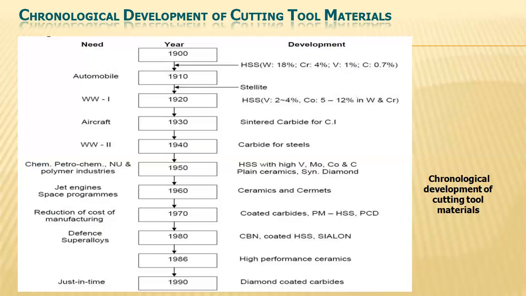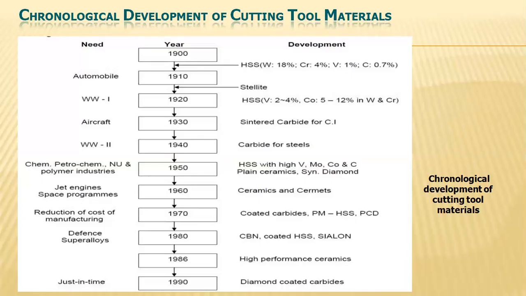In the jet engines and space programs of the 1960s, ceramics and ceramides played a major role for machining the parts to be manufactured. Like that, in the 70s, coated carbides; in the 80s, cubic boron nitride coated with respect to HSS, or the HSS material.